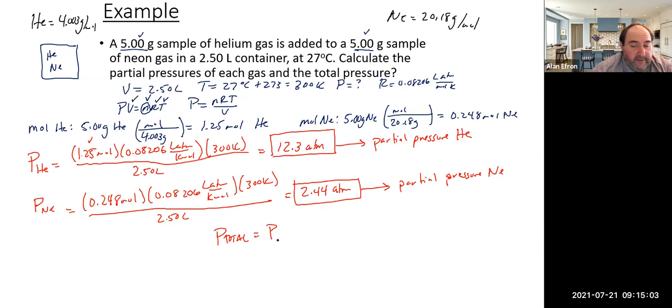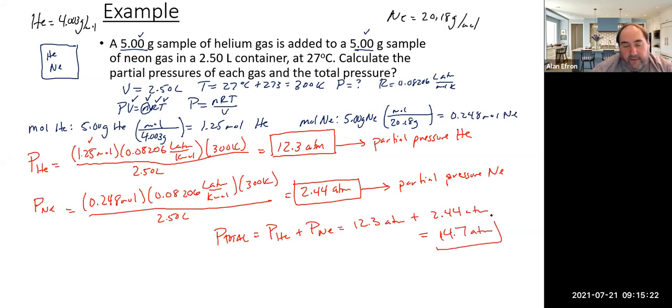So we take the partial pressure of helium plus the partial pressure of neon, our 12.3 plus our 2.44, and that gives us 14.7 atmospheres as the total pressure of this particular container. Any questions on any of those things?